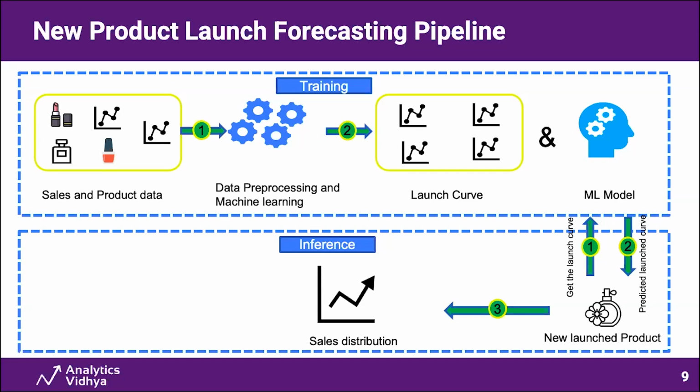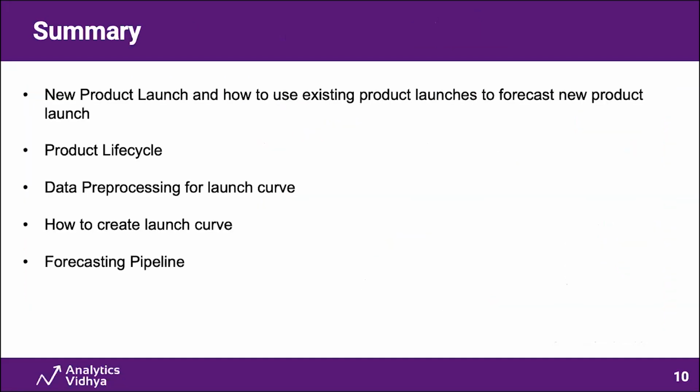After a certain point of time, that particular new launch is going to be matured, right? So those data points can be utilized as your training points. So it depends whether you want to keep it at quarterly, 6 month or 12 month. It totally depends on the volume you are inserting each month. So this is about the new product launch forecasting pipeline.